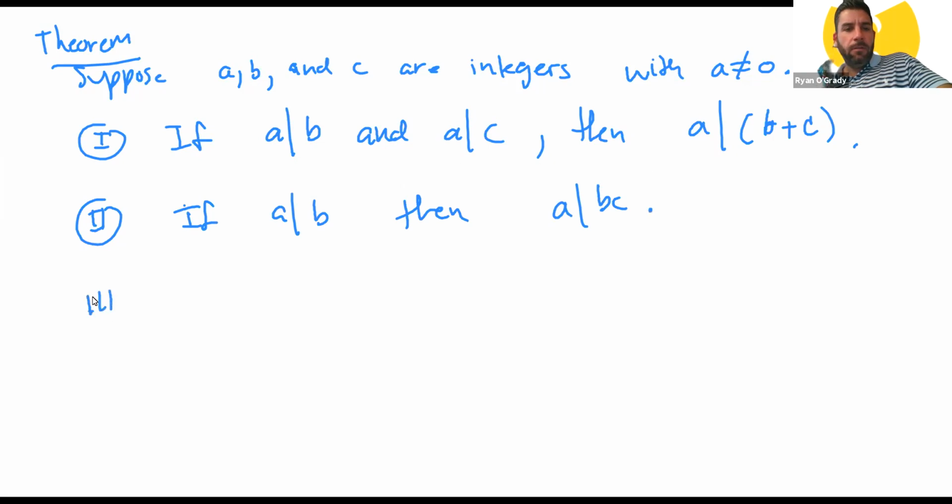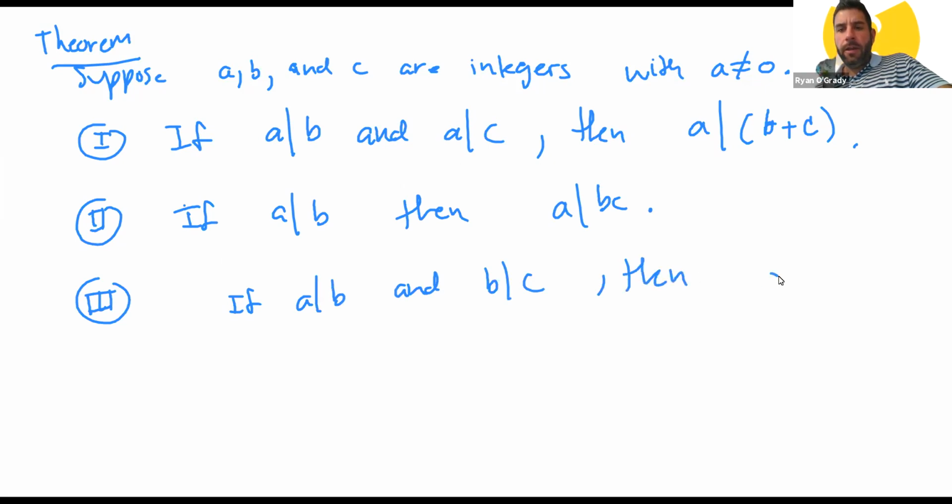And then the last thing is, if A divides B and B divides C, then A divides C. So it's useful, before we prove this, to just see explicit examples of this to illustrate what we're saying.